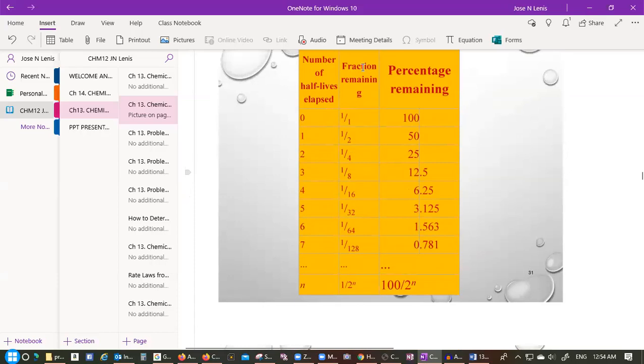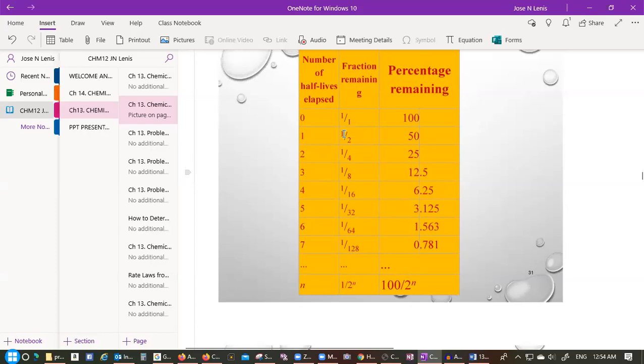And we can represent this in terms of fraction or in terms of percentage remaining. So after one half-life, look, the material decreases by 1/2. That means initially you have 1. After one half-life, half of that is converted to new material and remains 50% of the initial amount. After another half-life, half-life is constant.